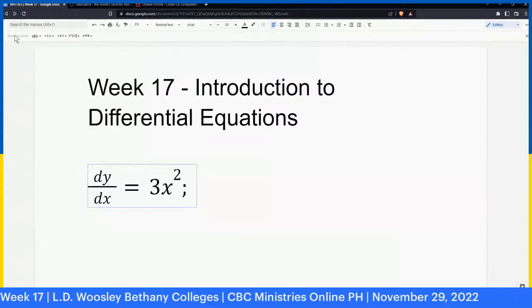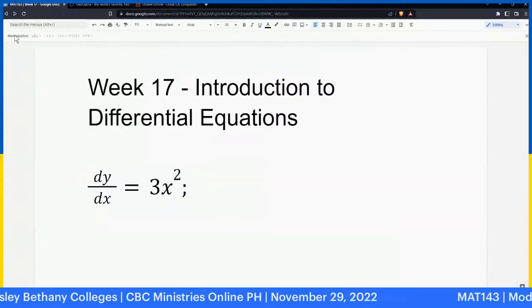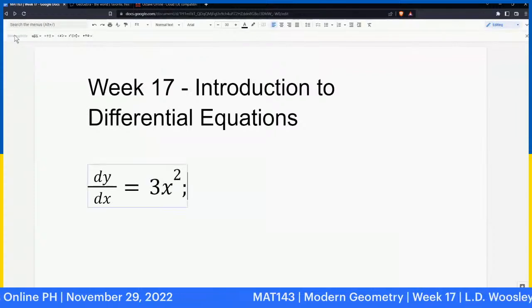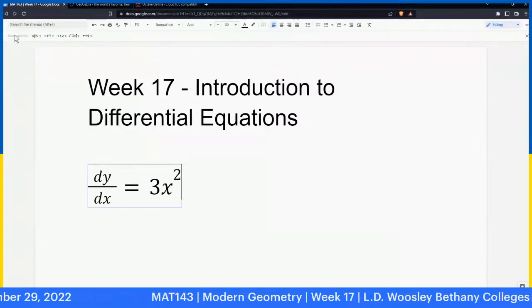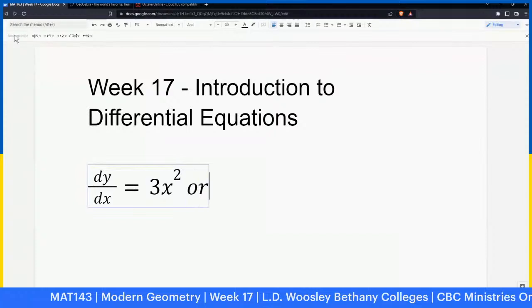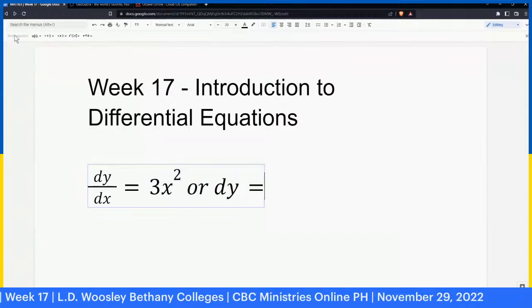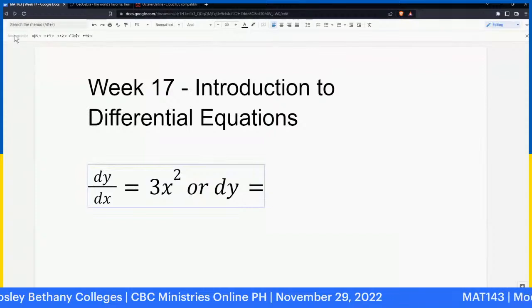So you're actually creating a differential equation out of this. So out of this given, we could say that dy is equal to what?